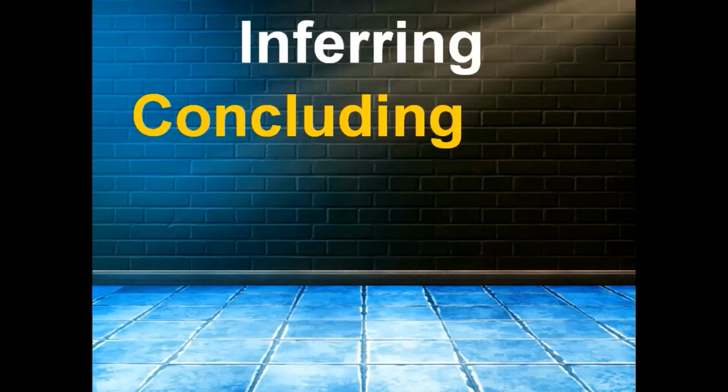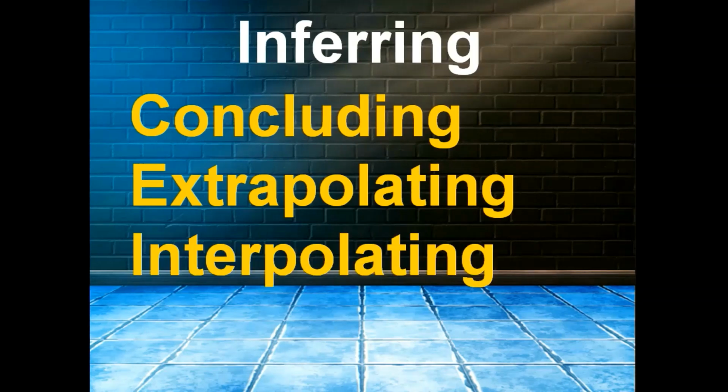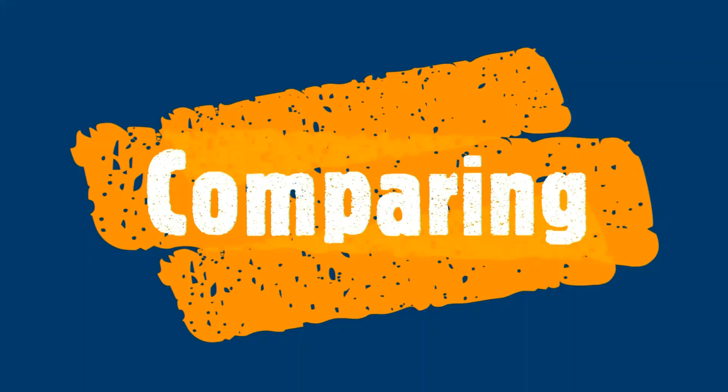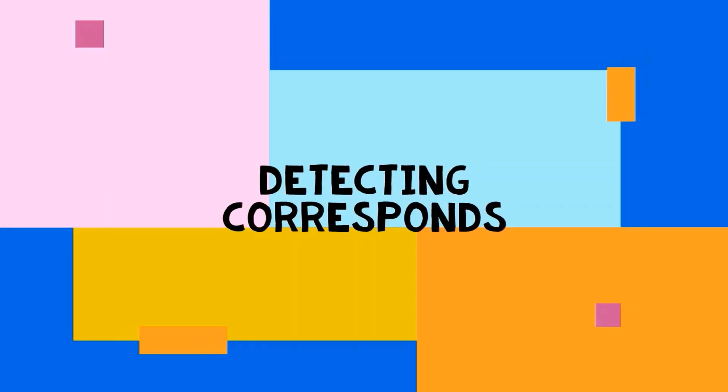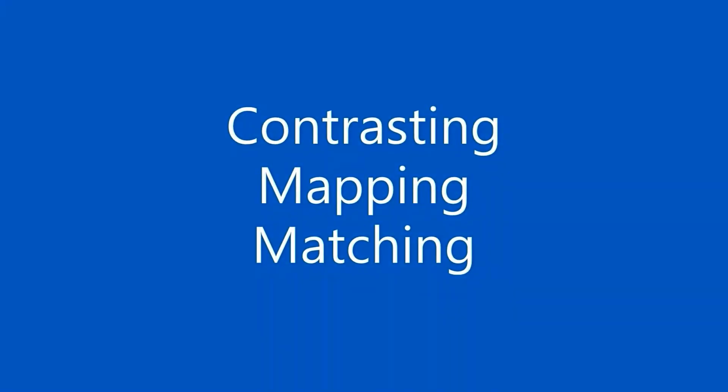Alternative names: concluding, extrapolating, interpolating, and predicting. Comparing, detecting the correspondence between two ideas, objects, and the like. For example, compare historical events to contemporary situations. Alternative names: contrasting, mapping, and matching.